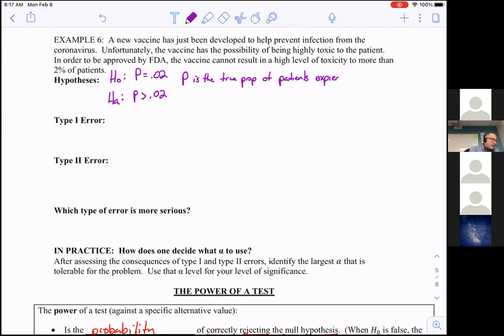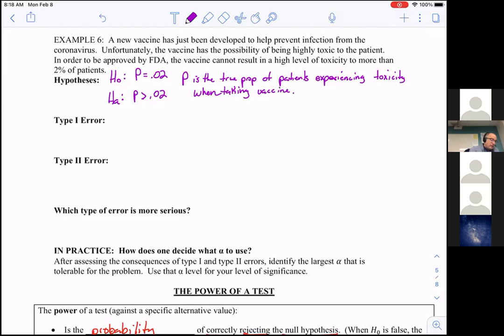Spelling fails me again. Did I spell vaccine right?